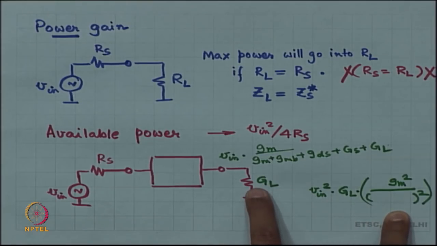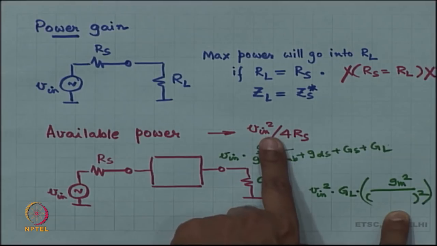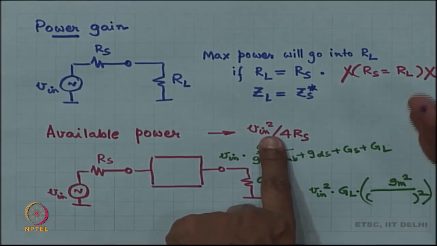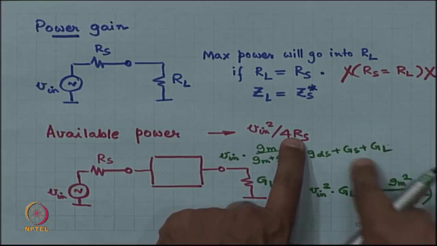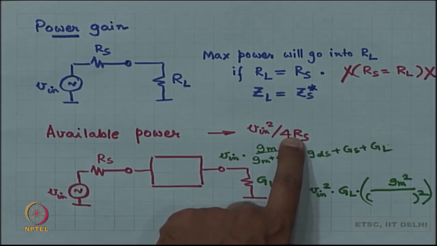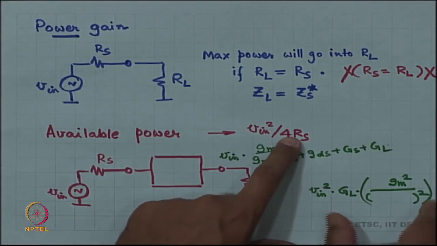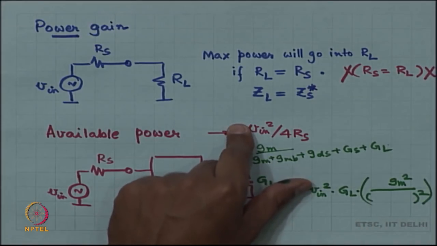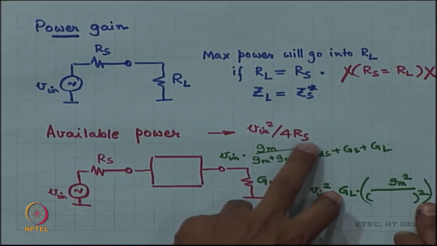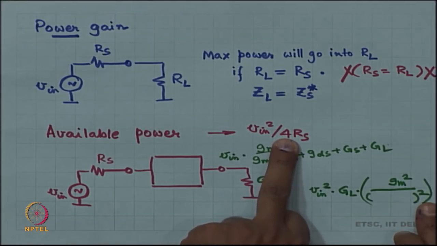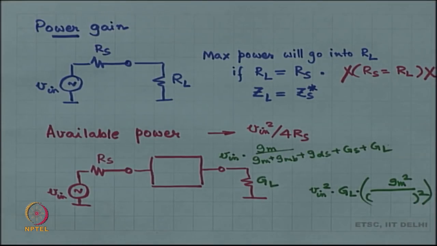The available power from the source is V in squared by 4 RS. So, what is the gain in terms of power? Remember, this RS is the source resistance, not 1 by GS, this is something else. So, V in squared cancels, the power gain is this quantity times 4 RS, and RS, the source resistance, can be anything, can be very large, which means that potentially this circuit has very high power gain.